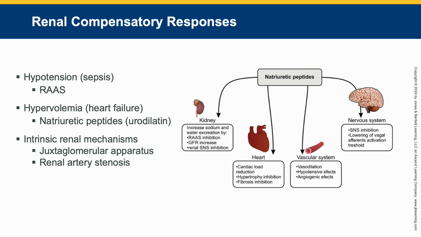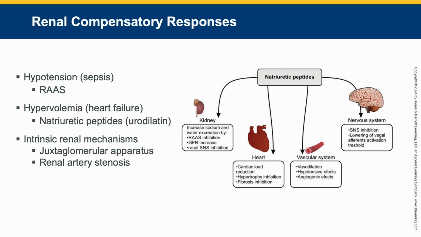It's going to cause vasoconstriction and a decrease in renal blood flow. Natriuretic peptides respond to increase in blood volume, so think heart failure, increasing urine formation. Urodilatin is produced and it inhibits water and sodium reabsorption, causing vasodilation and then diuresis.